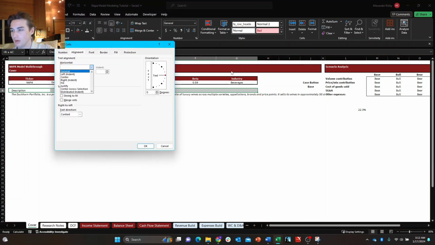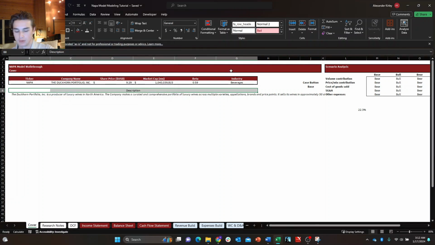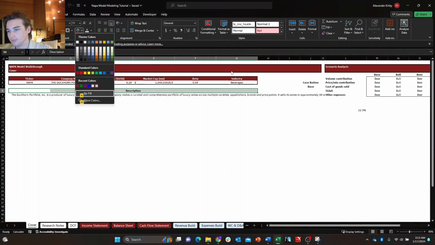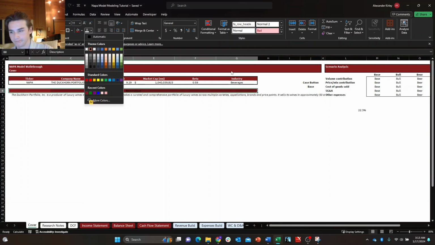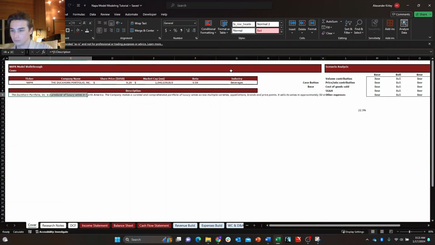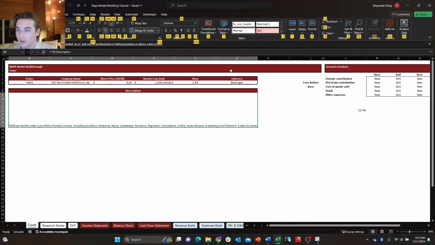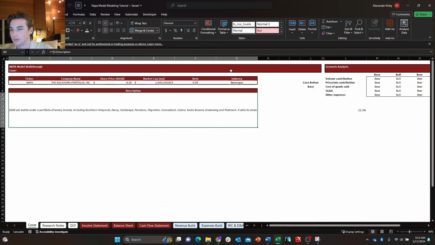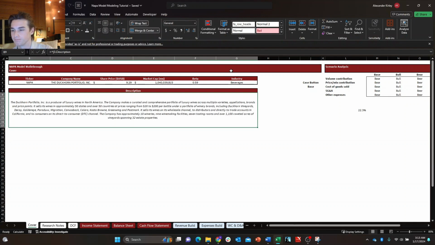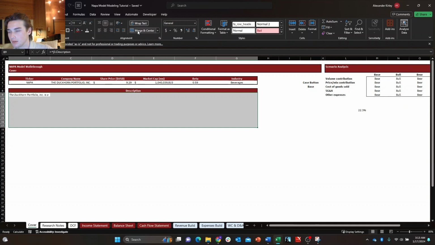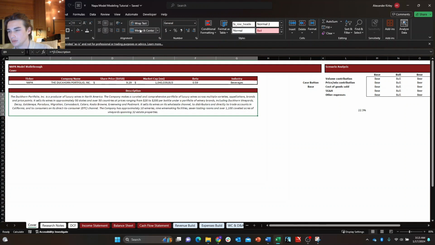Control 1, center across selection. What we'll probably have to do here is, okay, so no need to merge and center those. Lovely.